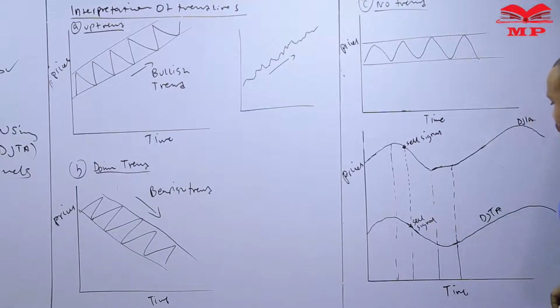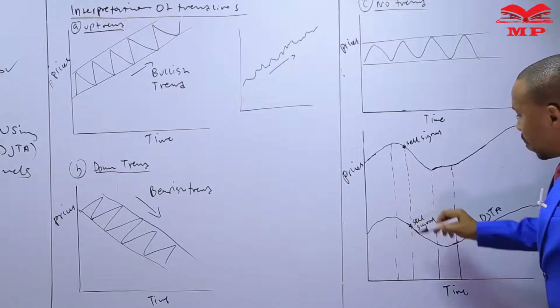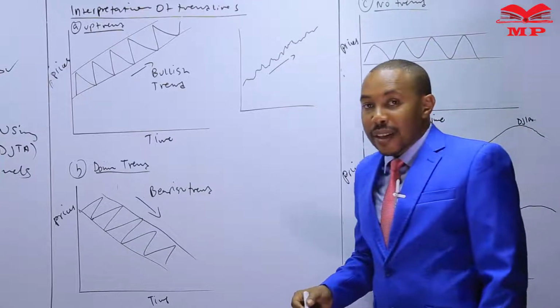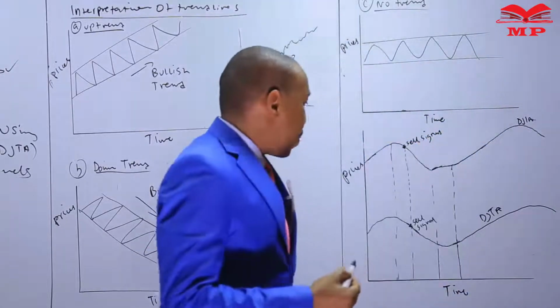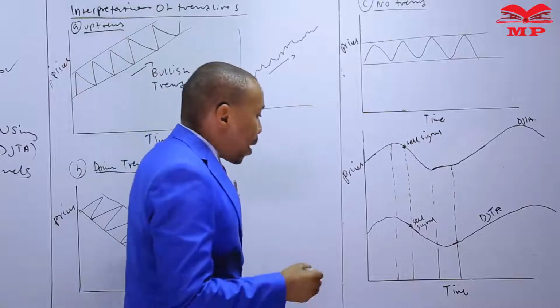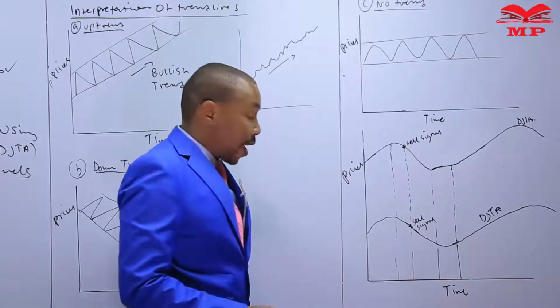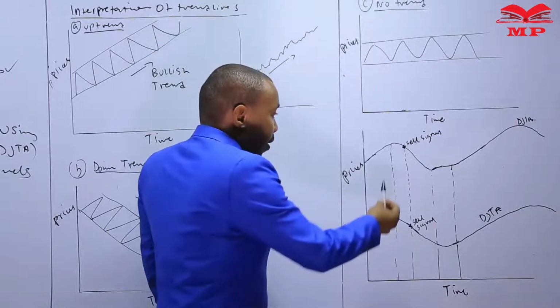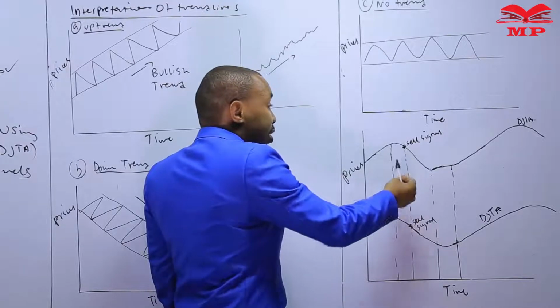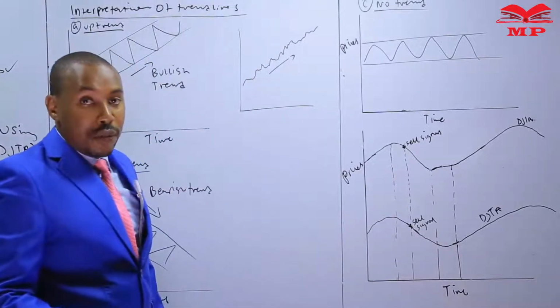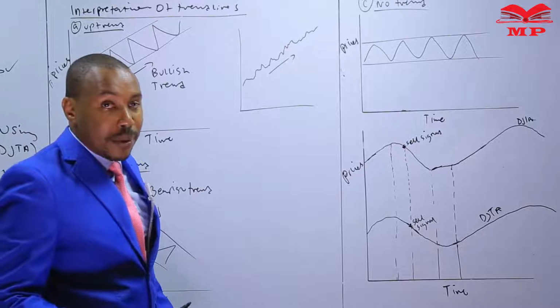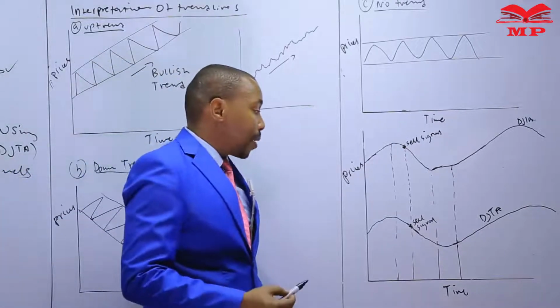Meaning that investors have an indication that the market is actually going to start moving down. That is what you need to understand: this is a sell signal, where you sell the securities that you already have. Or if you're intending to purchase, you don't consider purchasing the security at that moment.